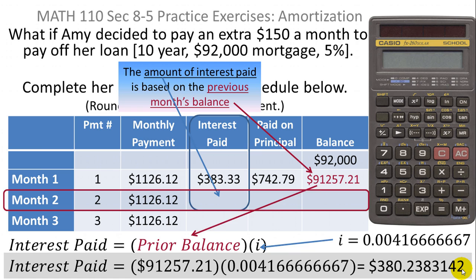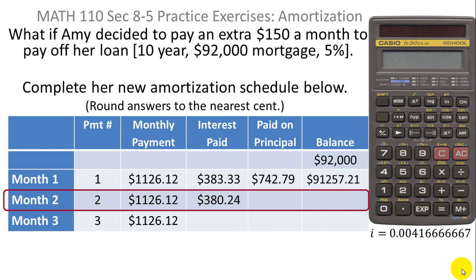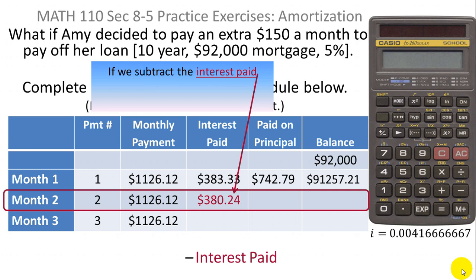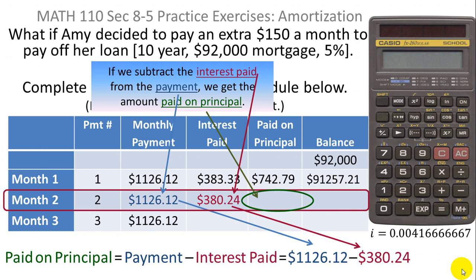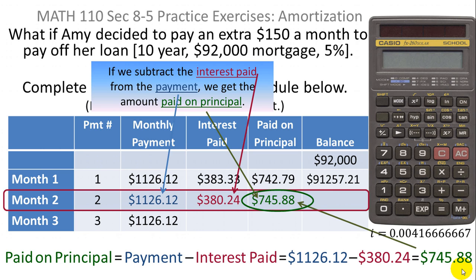Rounding it to the nearest cent, you get $380.24. The amount paid on principal, we know now, is simply the difference between the monthly payment and the interest paid. Subtracting, that gives us $745.88, and that goes in the position for the amount paid on principal.